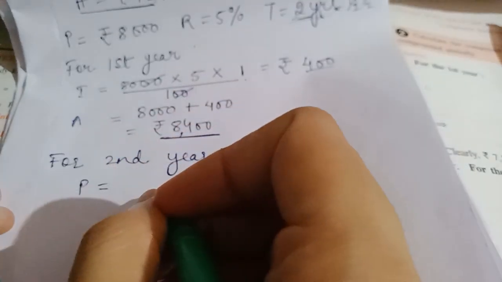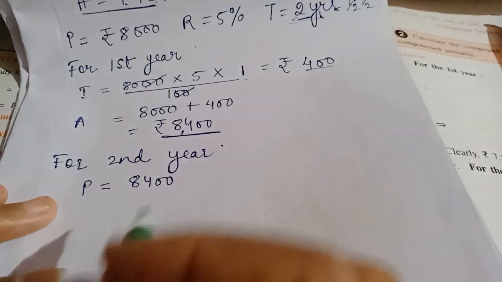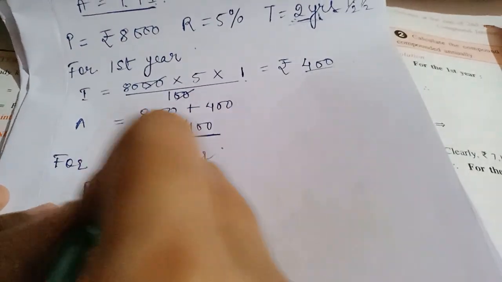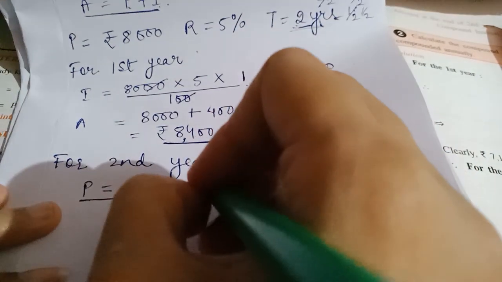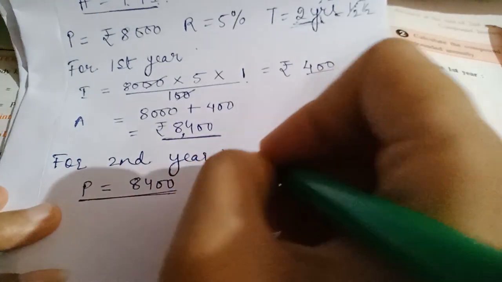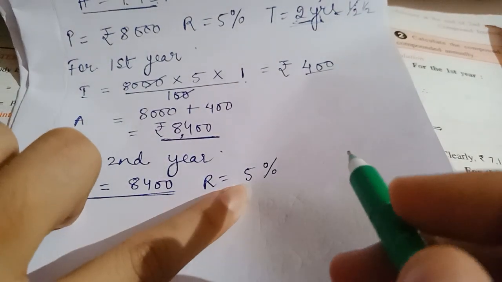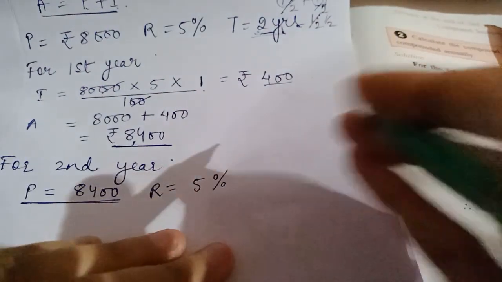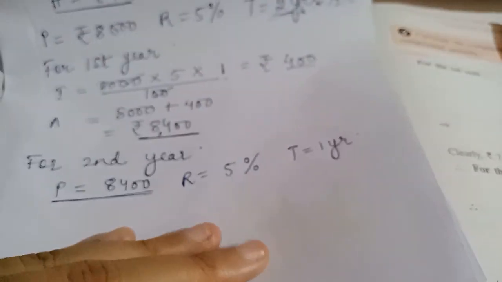Not 8,000 but 8,400. This is the only change that you do. Then rate is the same, 5%. Unless it is specified in the question, you will not change the rate. Time is again 1 year.